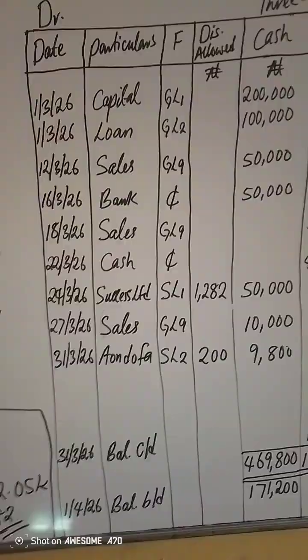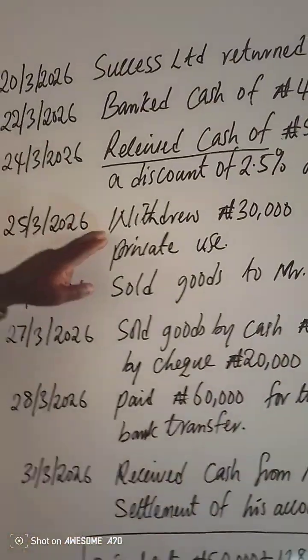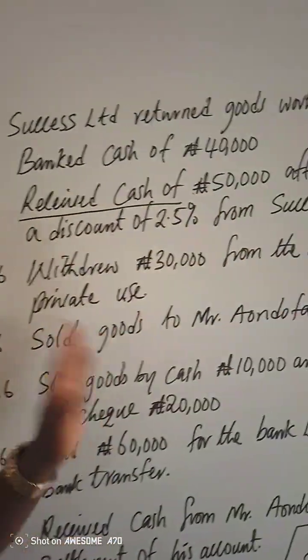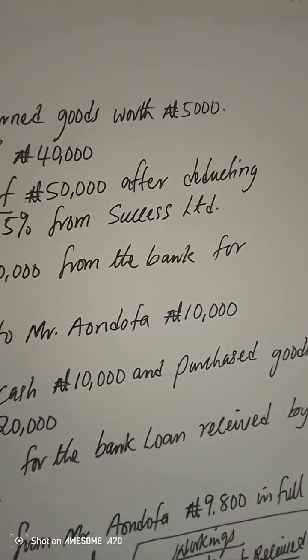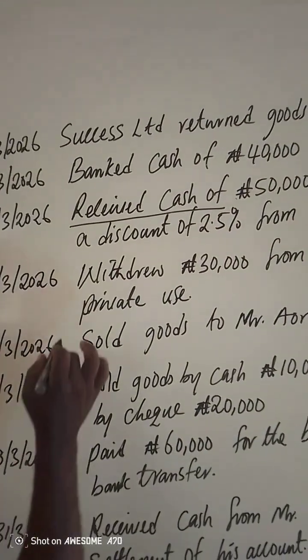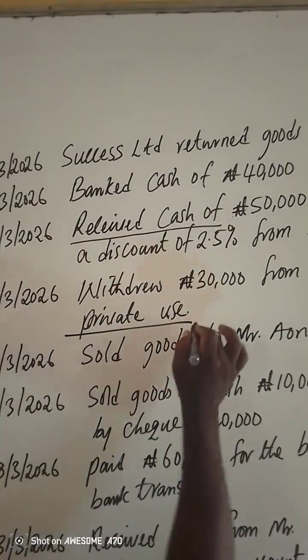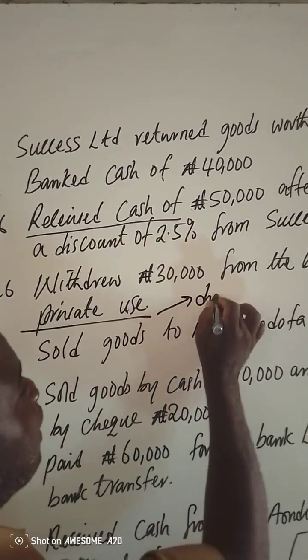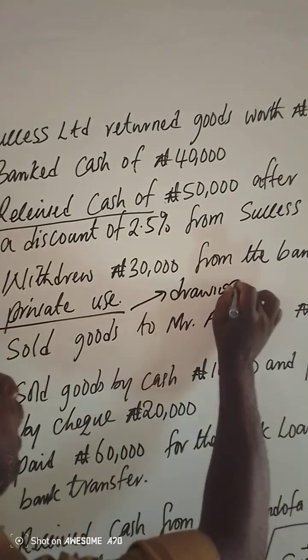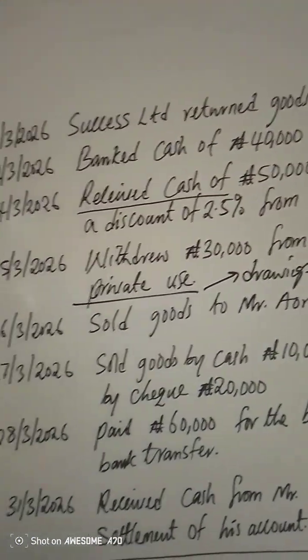Let's continue. Next, we now said we drew 30,000 from the bank for private use. In this case, this is drawing. Mind you, anytime you see private use or domestic use, it means drawings. Anytime the owner takes money out of the business for private use, it mustn't be stated as private use.